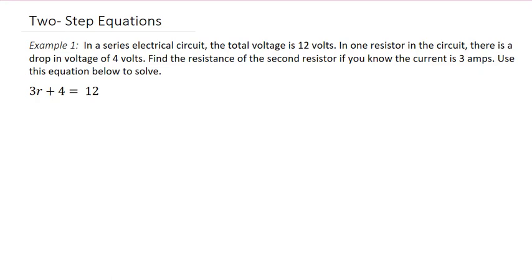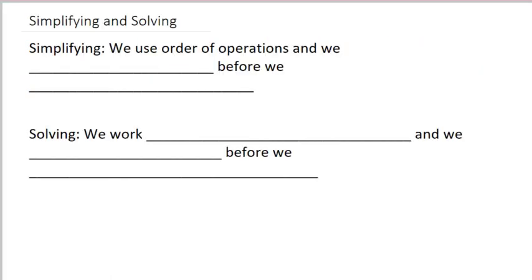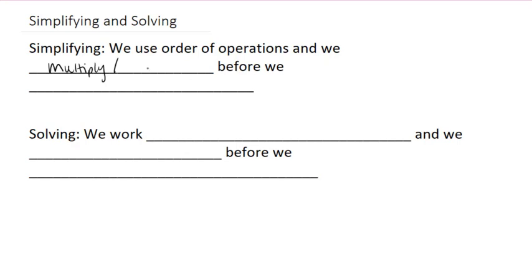So let's go over a few things before we solve this. When we are simplifying, we use order of operations and we multiply and divide before we add and subtract.